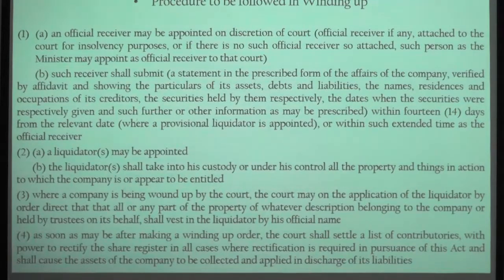So that all necessary actions will be taken in respect of these assets by the liquidator himself. For example, if there are outstanding collections to be obtained, or some rents to be obtained, or interest to be obtained from banks, all these things will be vested in the name of the liquidator.